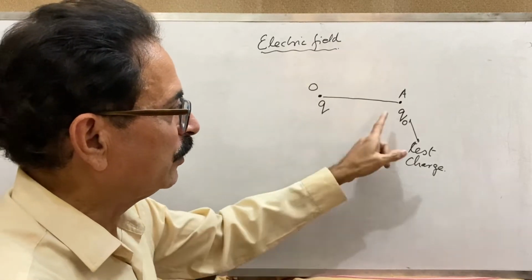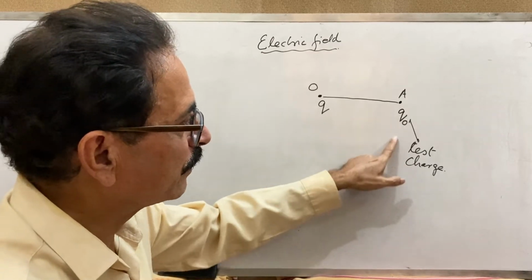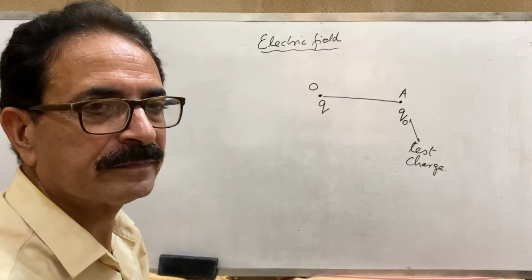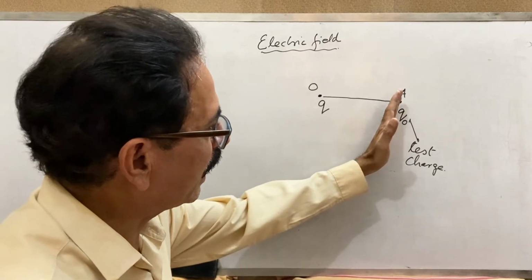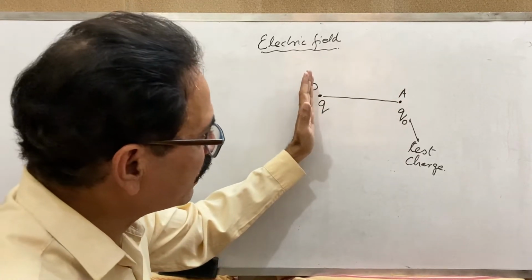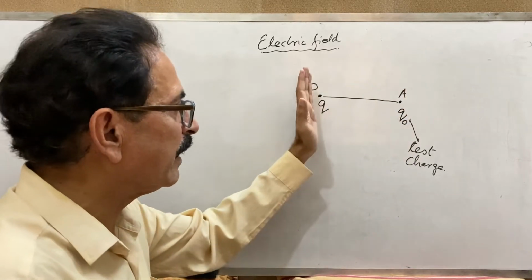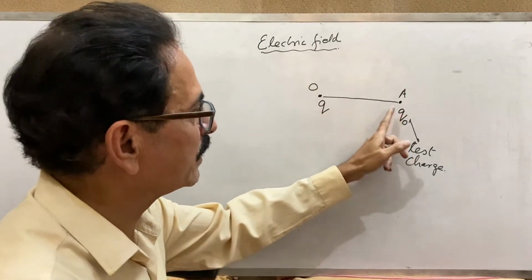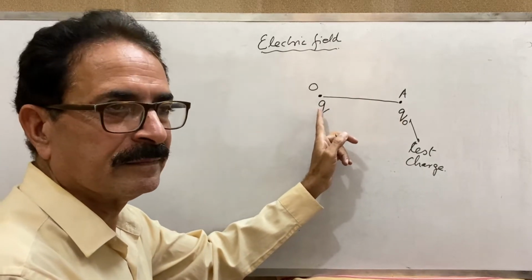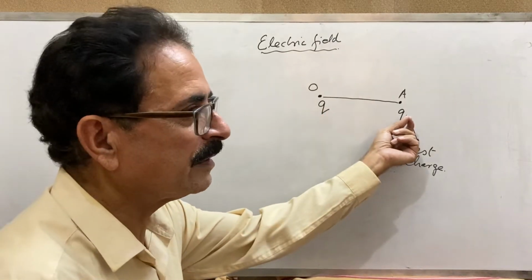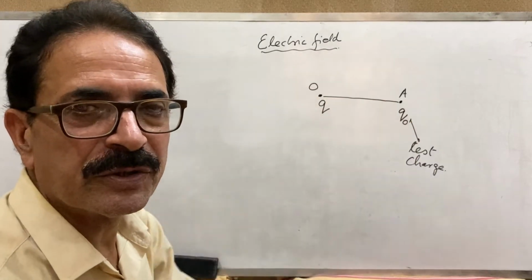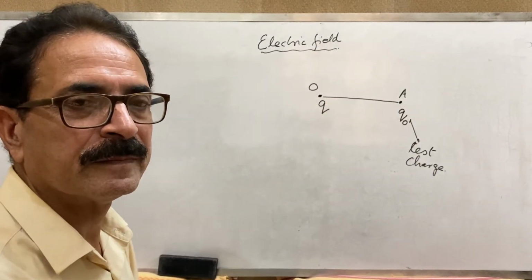Depending on whether this test charge Q naught is a unit positive charge, it can be attracted by this charge or repelled by it. If this charge and this charge are of the same polarity, this is positive, this is already positive, these two charges will repel each other with a certain force.